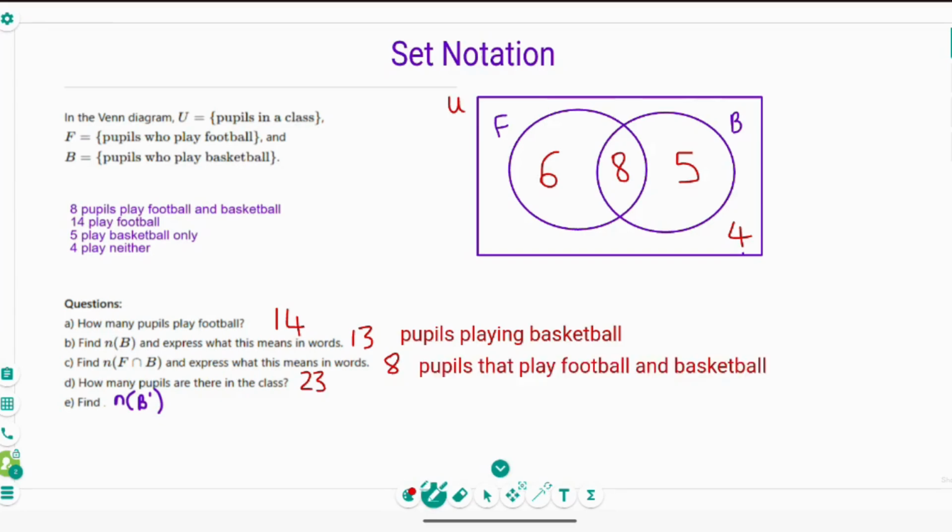Now, last one, we've got B complement, not B. So this 6 and this 4 are not in B, so it's 10.